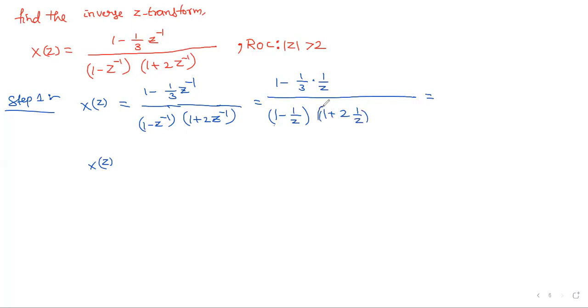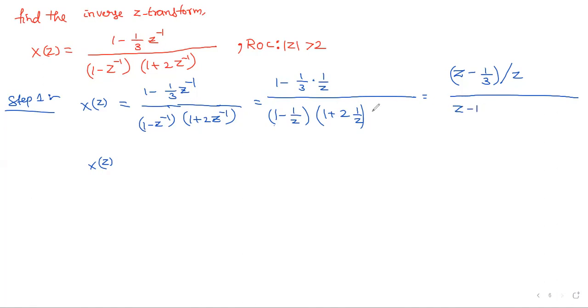Now, you just take Z only, you take LCM. Z minus 1 by 3 divided by Z, you can take LCM by Z. Whole divided by, here also you take Z common.